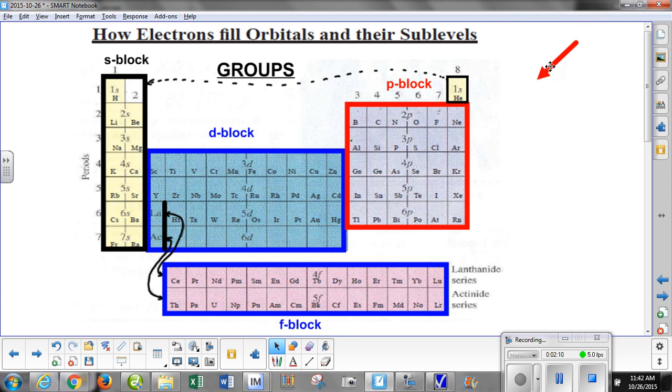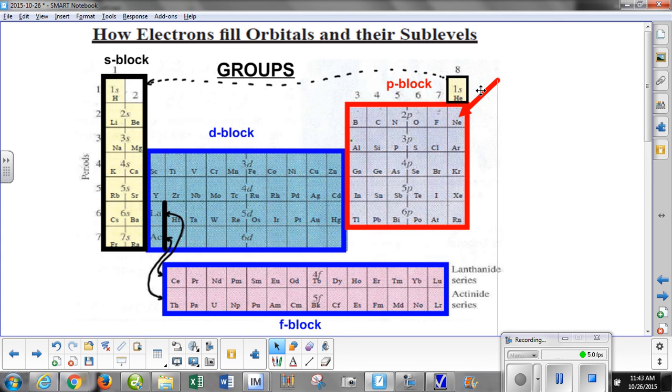Now, our first job is to figure out how to find a noble gas to go along with any element, and I'm going to take the example that I'll show you in just a minute. If we're trying to find the noble gas for chlorine, all we have to do is go up one row and over to the end of that row, and that will give us the noble gas to start our electron configuration as well as our orbital filling.